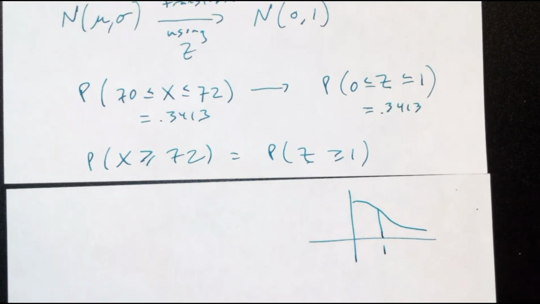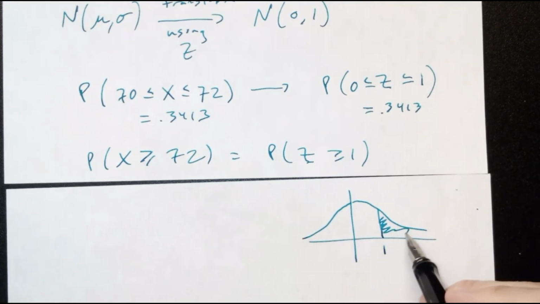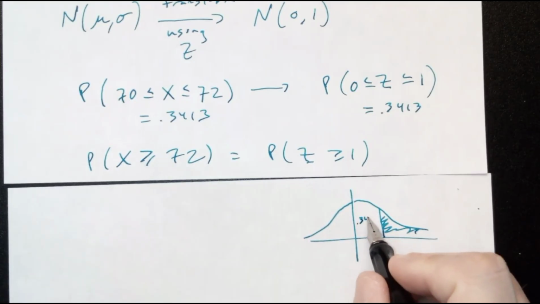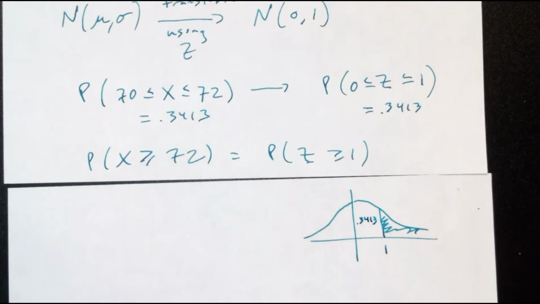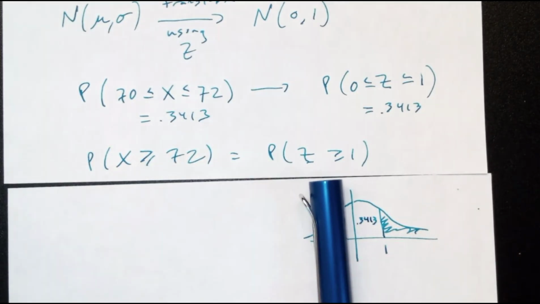In this case, I'm asking about this area, aren't I? And we just found out that this area is 0.3413. That whole side of the picture, how much area is on that whole side? 0.5. Because the whole thing is 1, right? And it's symmetric, so half of it is on the right and half of it is on the left.